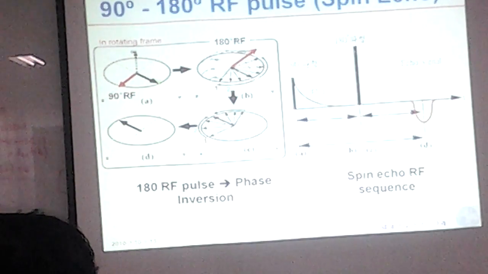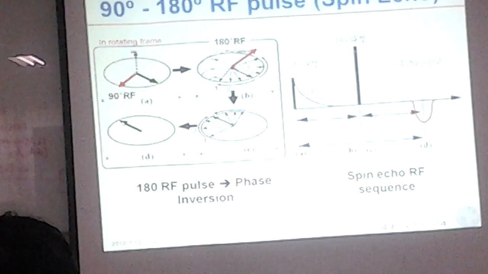After the same time interval of TE over 2, all spins come together like this. So the summation of the vector has its maximum value here. So that's why the signal is regenerated here. And the direction of magnetization is opposite to the direction of the FID signal. So that's why I draw the echo signal in the negative direction.